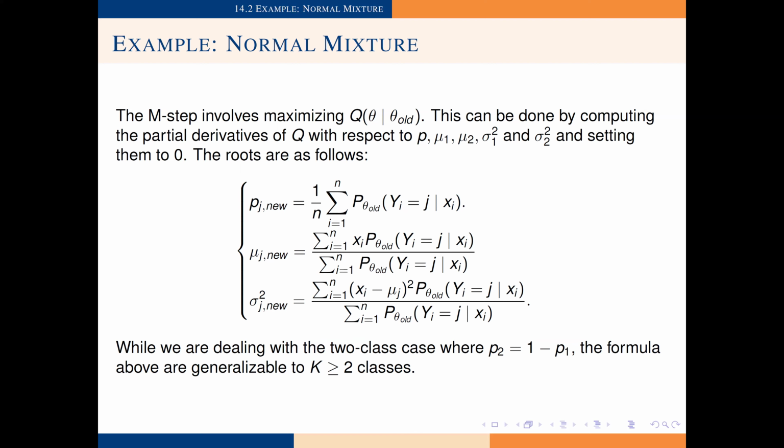And in this case, P2 is actually equal to 1 minus P1. However, the formulas above are also generalizable to more than two classes. So in those situations, the formulas you have here are still applicable, as long as you're dealing with normal mixtures of, say, 3 or 4 normal distributions.